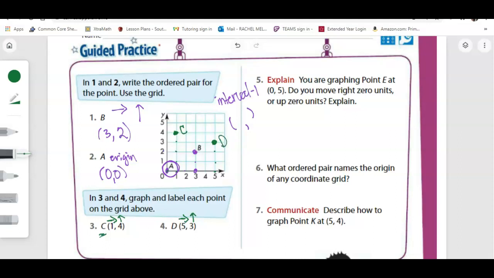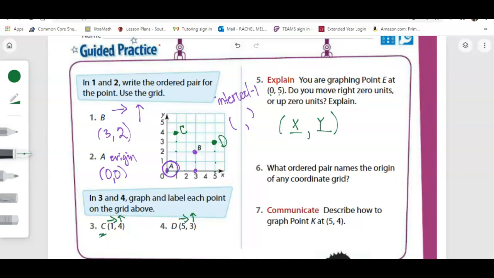Looking at question number 5, you are graphing point E at (0, 5). Do you move right 0 units or up 0 units? Explain. Remember when we first started talking about our definitions, the first one is our x-coordinate.